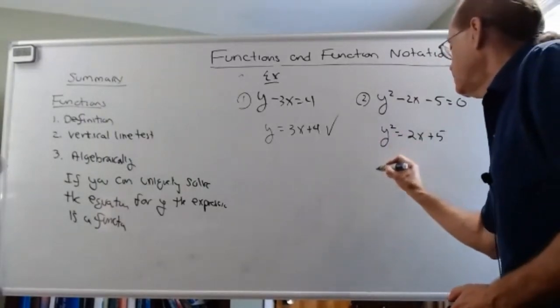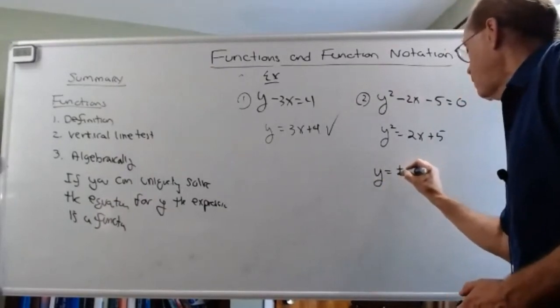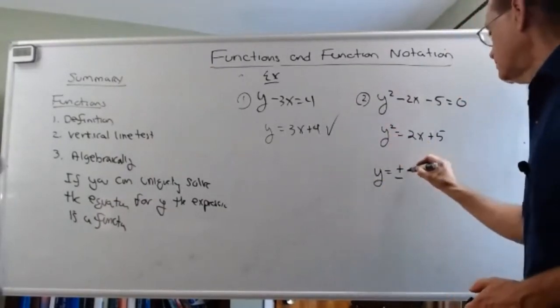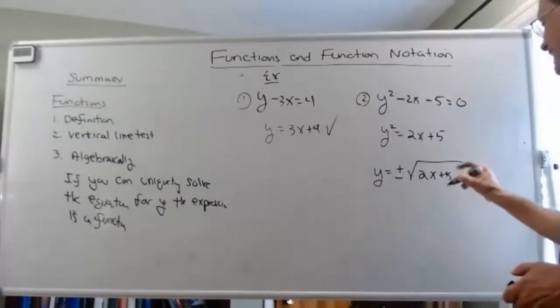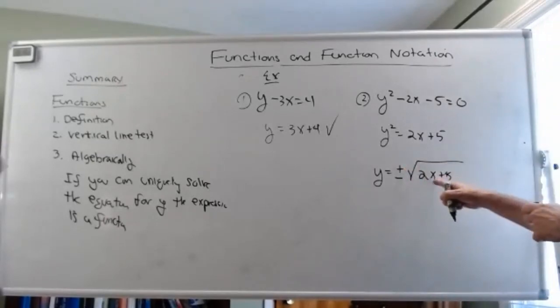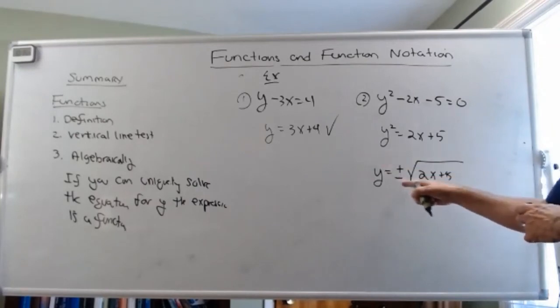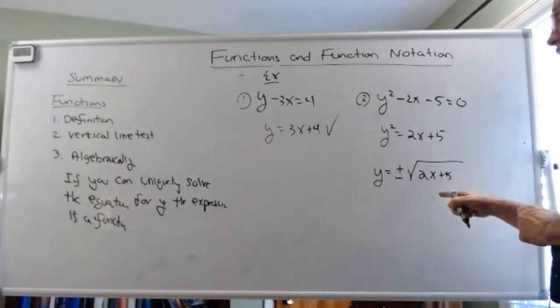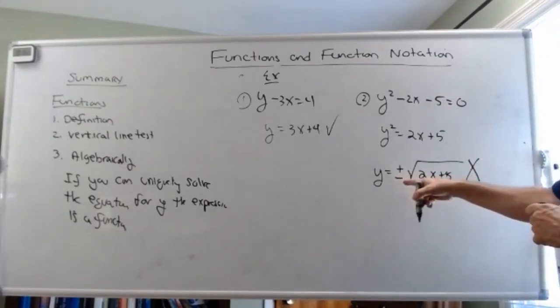So y is equal to plus or minus the square root of 2x plus 5. It's not unique, meaning there are two values. So for this x, I get a positive value for y and a negative. If I put in 0 for x, I get two values, plus or minus the square root of 5. So this is not a function. I can't solve it uniquely.